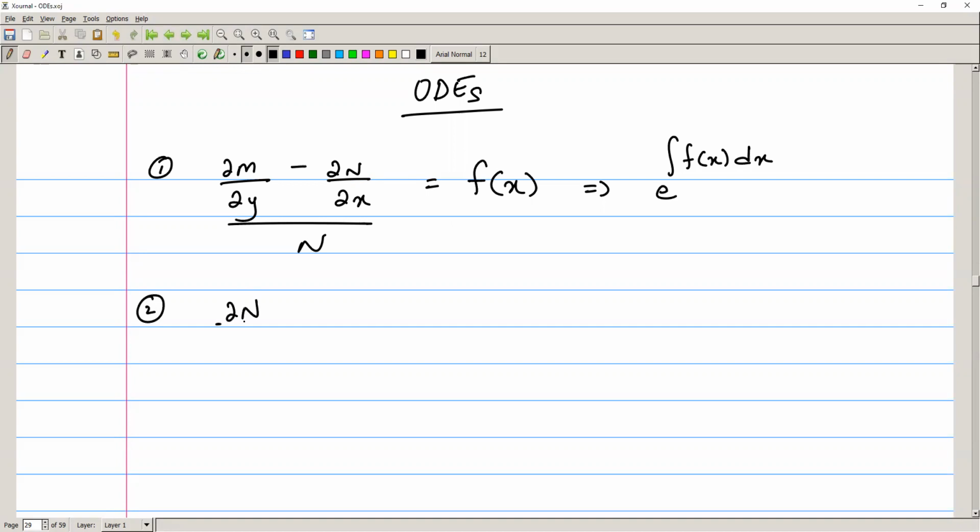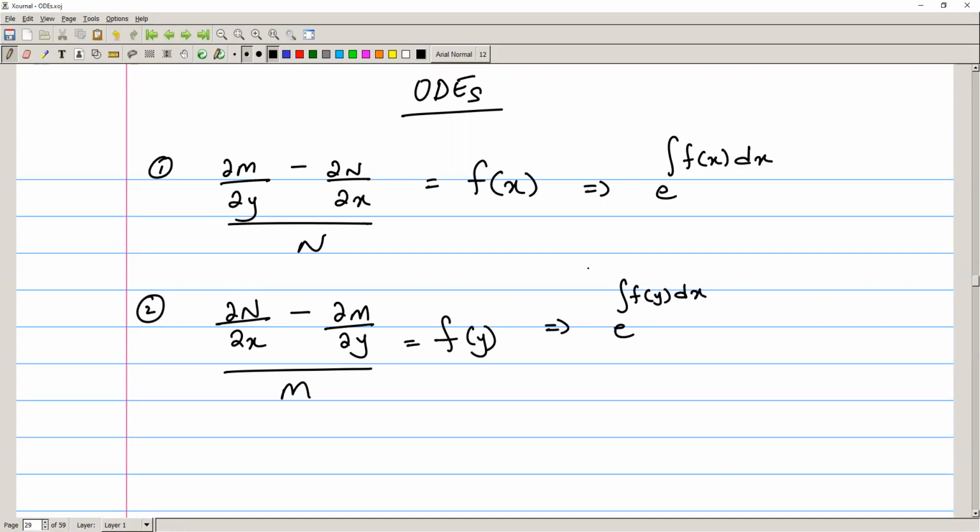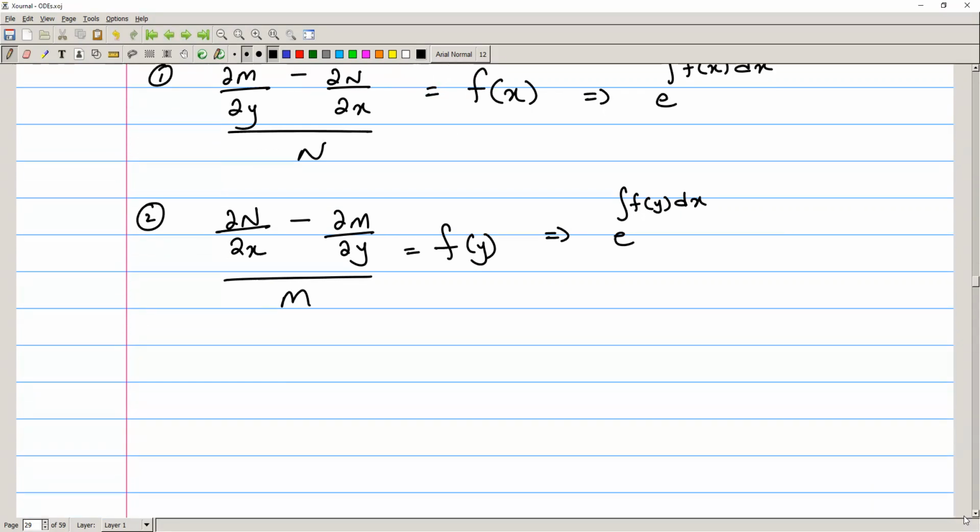And if (∂N/∂x − ∂M/∂y) divided by M is a function of y only, then we find the integrating factor by simply integrating the function, raising it to the exponential. Right now we will discuss case number three.